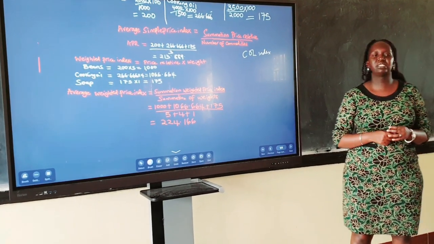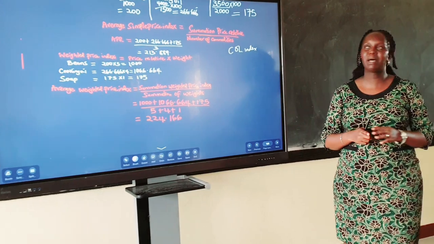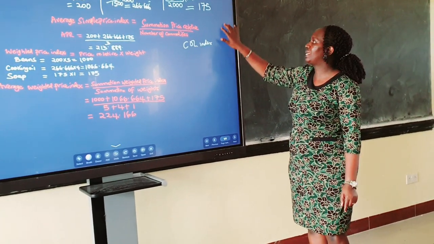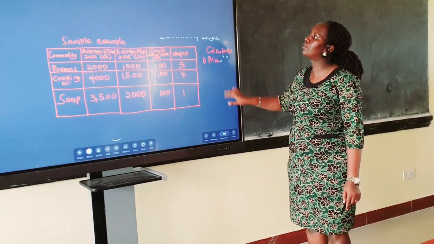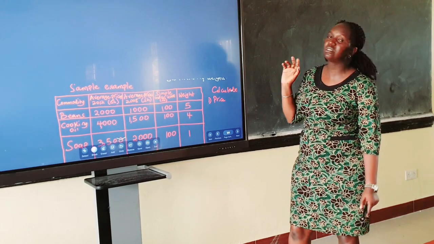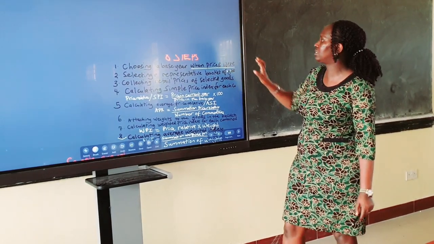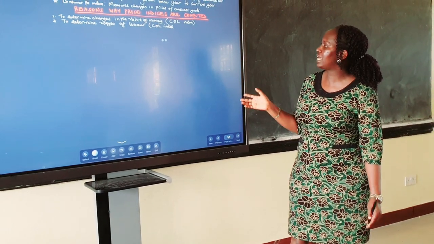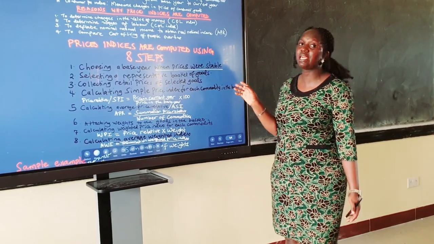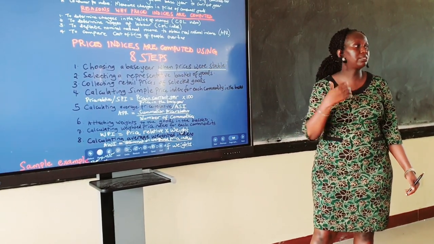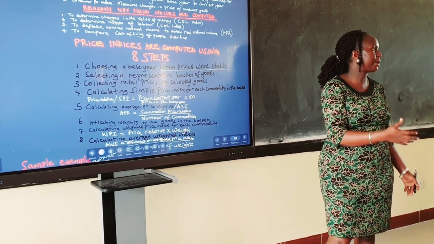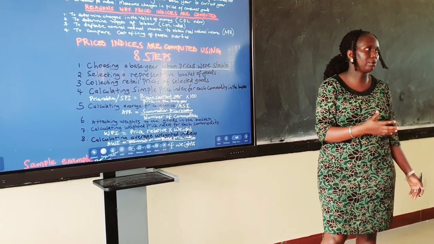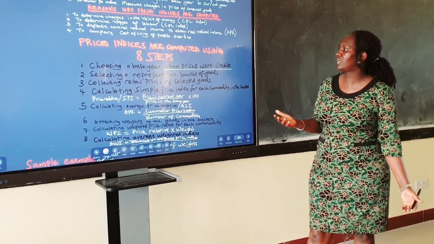So in computing price indices, there may be problems. But most of these problems we get by going back to the procedure that we use in computing price indices. For example, if you choose a base year where prices were relatively stable, the challenge is that it's difficult to choose such a base year because prices are always unstable.